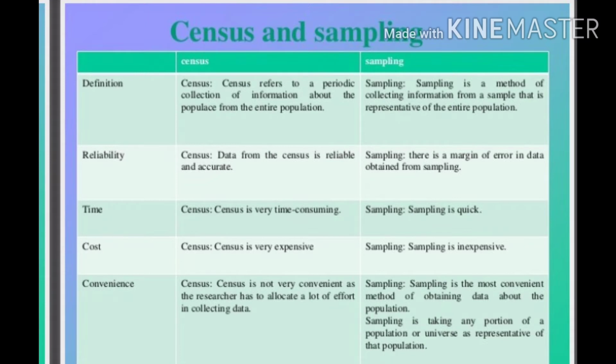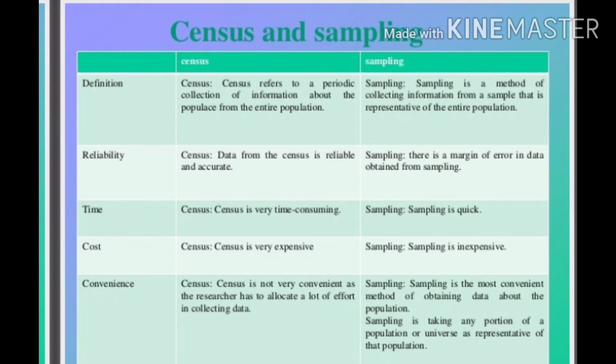Reliability: data from the census is reliable and accurate. In sampling there is a margin of error in the data. Time: census is very time consuming, sampling is quick. Cost: census is very expensive, sampling is inexpensive.